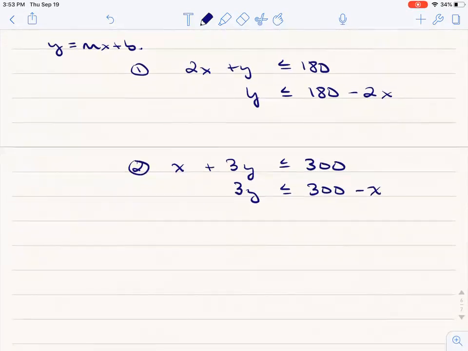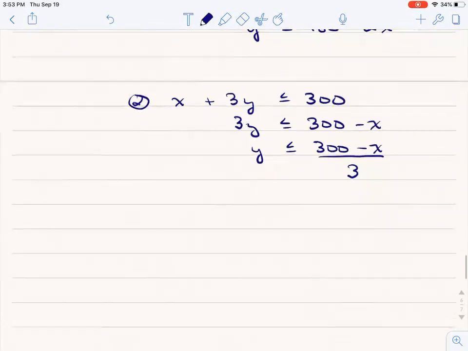And then I have to divide both sides by 3, so we get y is less than or equal to 300 minus x over 3. I'm going to break this up, but I have to remember that the 3 is dividing both of these terms. And so we actually get y is less than or equal to 300 over 3 minus x over 3.